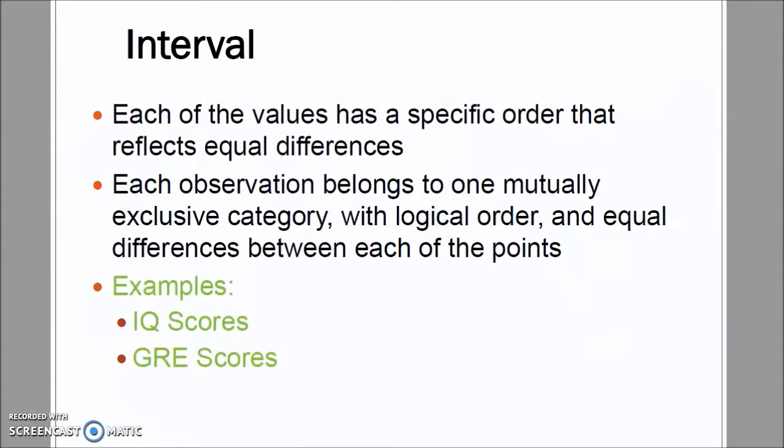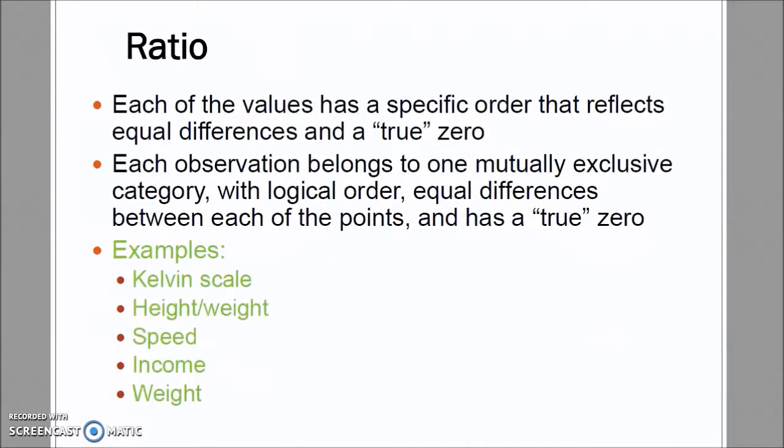So interval data occurs in a specific order and reflects equal differences, like your GRE scores, your IQ scores. There are equal differences between each point. That is interval data. And then ratio data is data that has a true zero, like income.